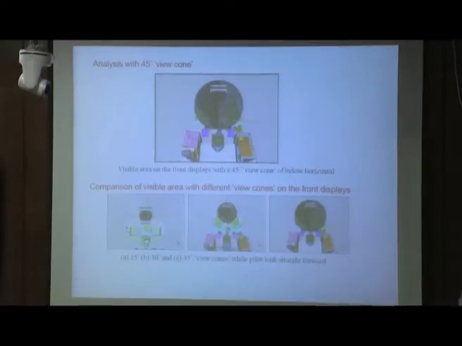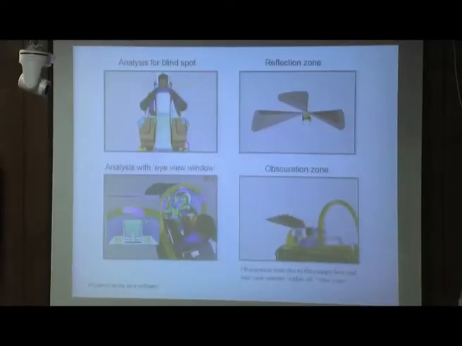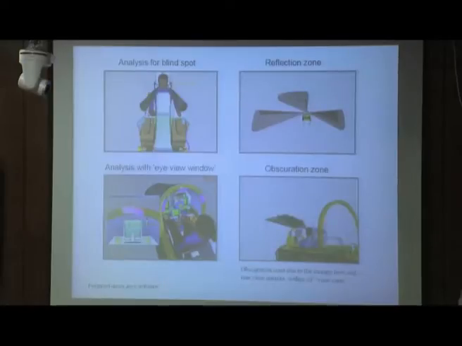While we are increasing the area of the view cone from 15 to 45 degree, we can gradually see which areas of the displays are being covered. In most digital human modeling software, although this example is using JACK software, in other software also there are this type of vision analysis tools.